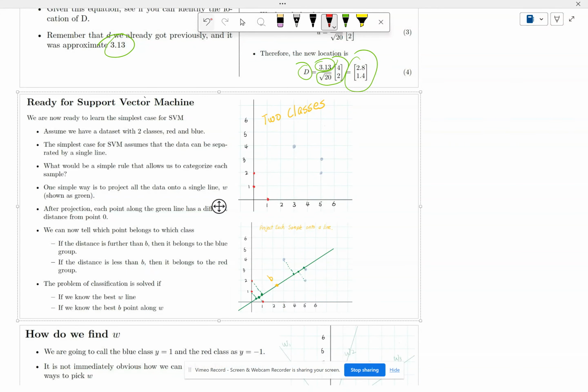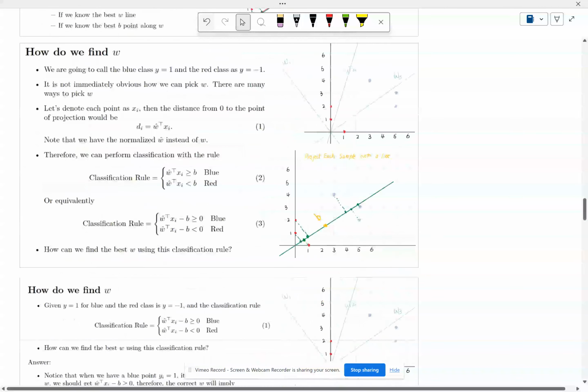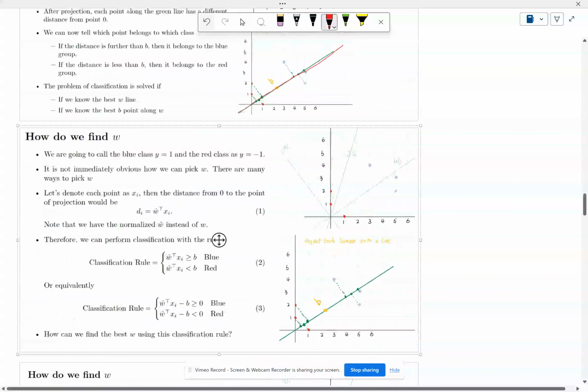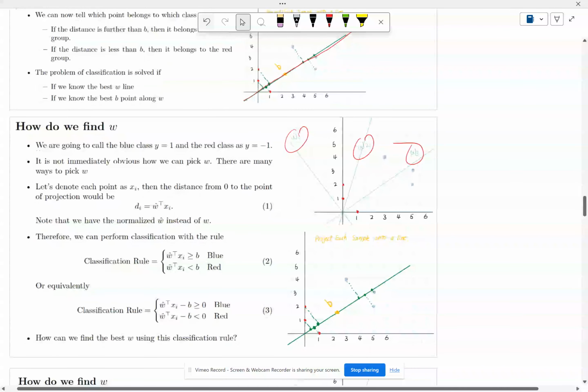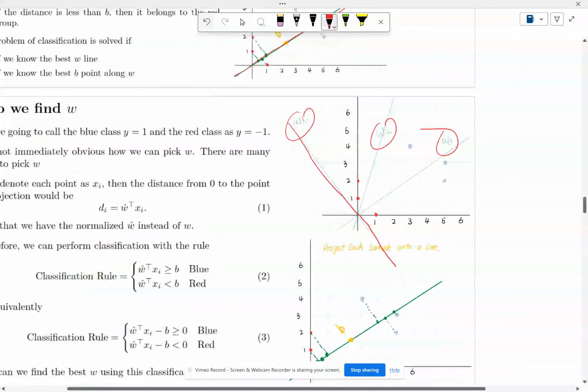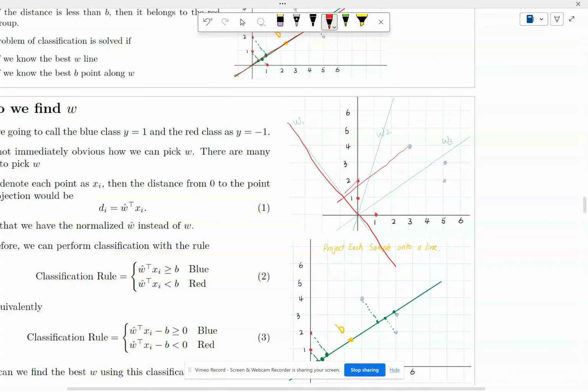So how do we find this line, right? Obviously, we can draw the line W many different ways, right? We can draw it this way. That would not be a good idea. If we do it that way, notice the projection will end up here. So the red and blue will essentially just mix with each other. Or if we had drawn it this way, well, that's slightly better.